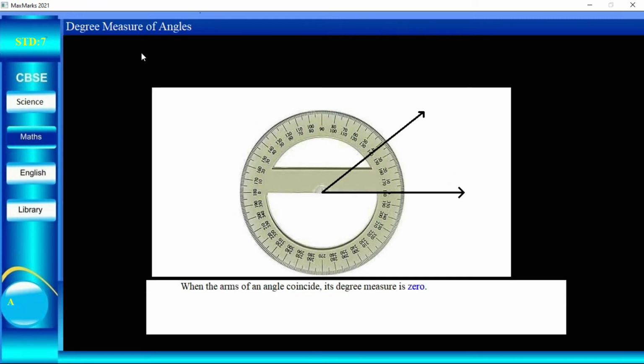Degree measure of angles. When the arms of an angle coincide, its degree measure is 0. It increases in the anti-clockwise direction.